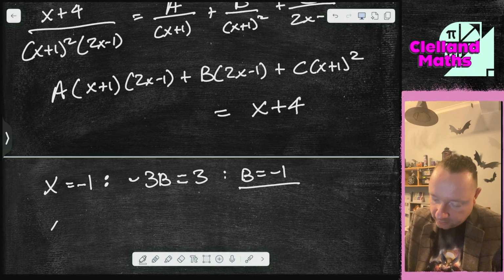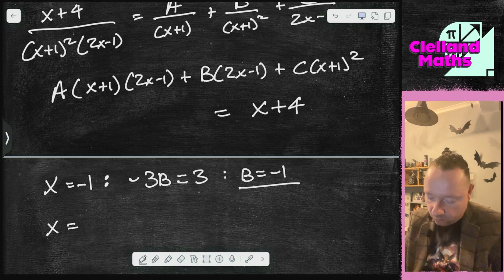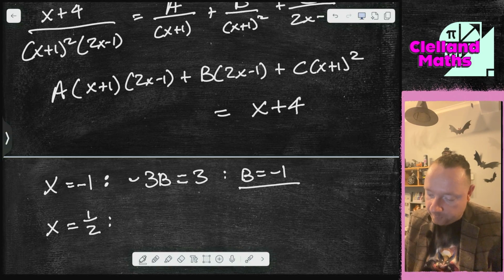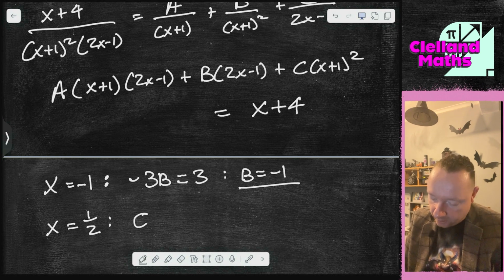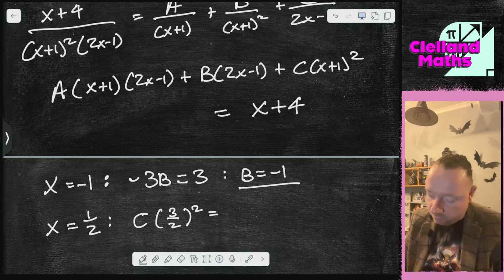We'll now pick x to be something else. I think we want to get rid of the 2x minus 1 here. So if we let that equal 0, x would be a half. That means that A and B are gone, and we've got (1 plus a half) squared, well, that's 3 halves squared, equals a half plus 4, or 4 and a half.